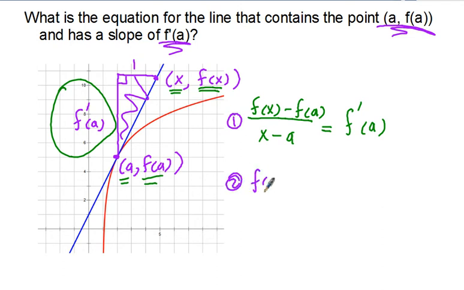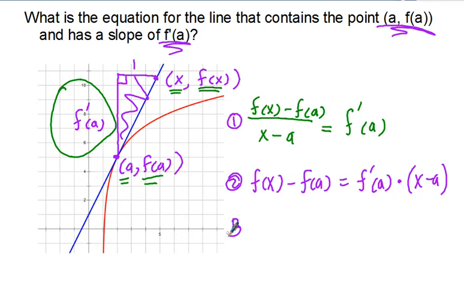Multiply both sides by x minus a, and we get f prime of a times x minus a, and then we can add f of a to both sides, and we get f of x is equal to f of a plus this other stuff.